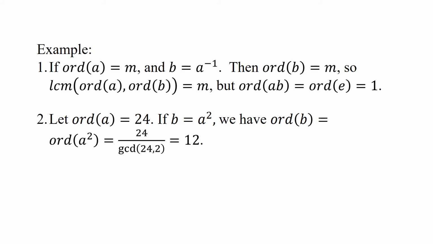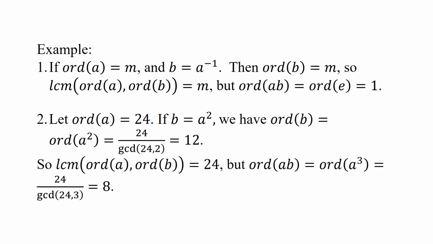Another example, suppose I take order of A is 24. I choose B to be A squared. Well, I know the order of B in that case. The order of B is the order of A squared, which using my formula from before, is 12. So if I look at the least common multiple of the orders of A and B, it's the least common multiple of 24 and 12.